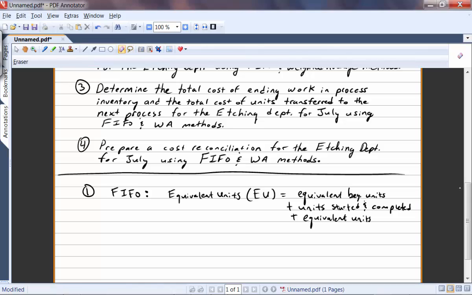So equivalent end units. We went over this in lecture.